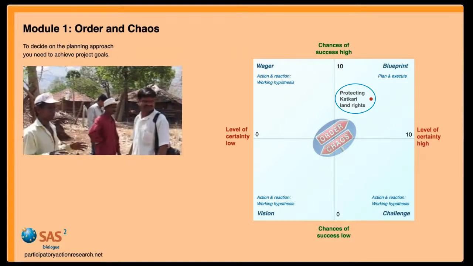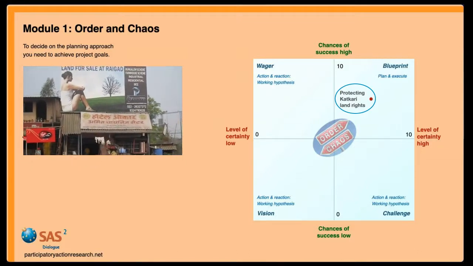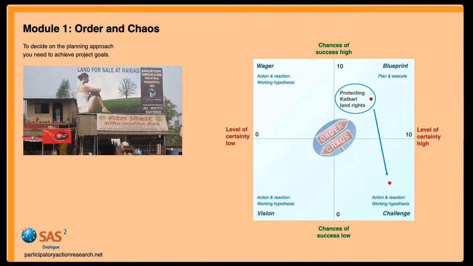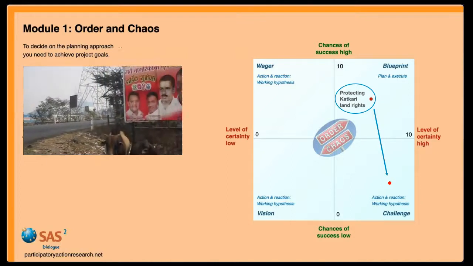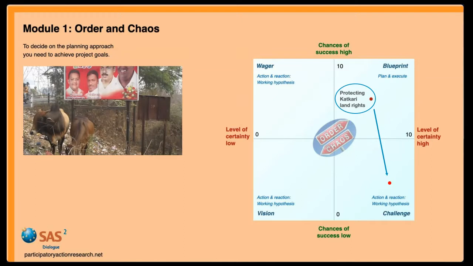However, 6 months later, we could see that protecting Katkari housing rights was a difficult challenge. Bribes by the landlord undermined community solidarity and weakened the resolve of local authorities to do the right thing. We also learned that many other Katkari communities were in a similar vulnerable situation. Rapidly rising land prices motivated landowners to evict people and sell the land.